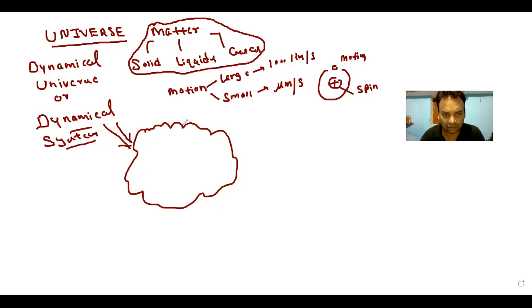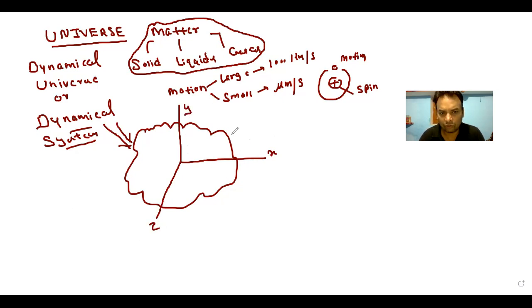Dynamical system means the whole universe is moving. Suppose I make the coordinate system x, y, and z. You can take any side as x, any as y, any as z.